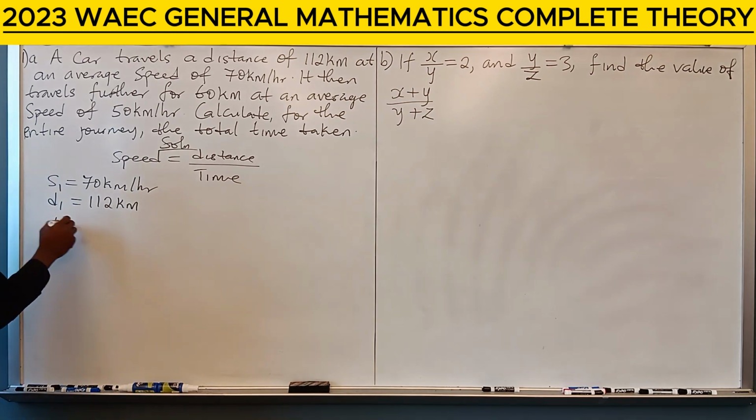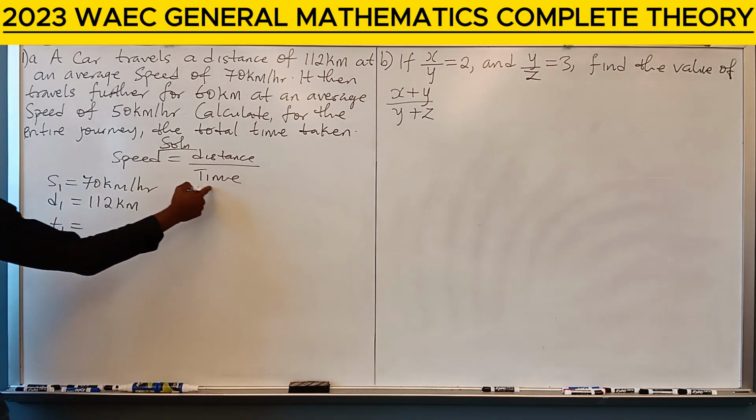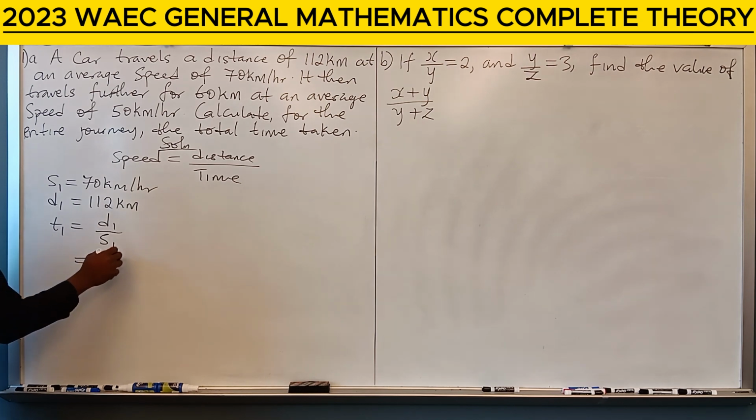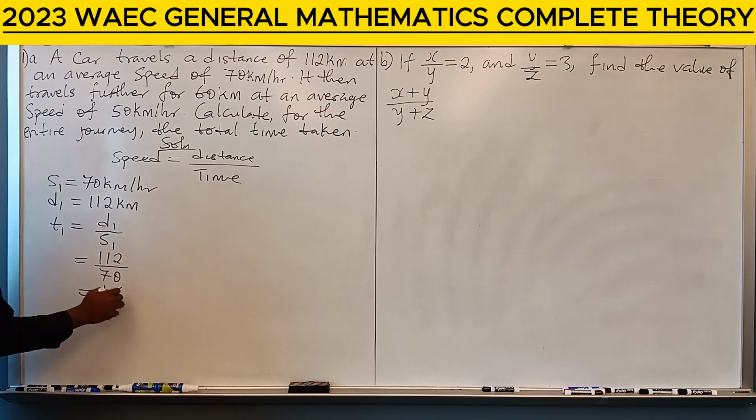And to find the time from here, it will be distance over speed, which will be 112 over 70. And if we divide this, we'll have 1.6 hours.